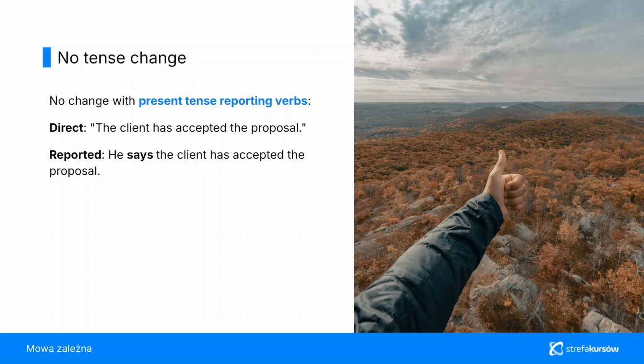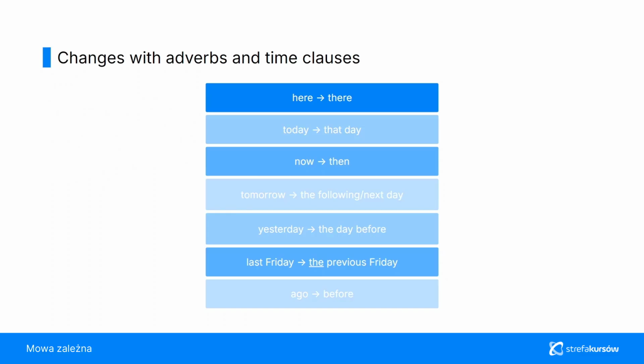So we do not change the tense in the reported statement. This is basically the most important rule, so make sure you pay attention to that reporting verb, especially when you create the sentence yourself. When you use present simple, present tense, basically, we stick to the same tense as used in the original quote.